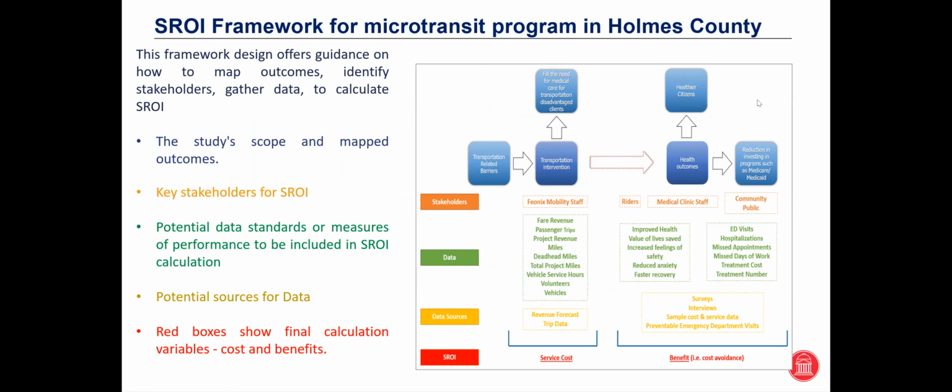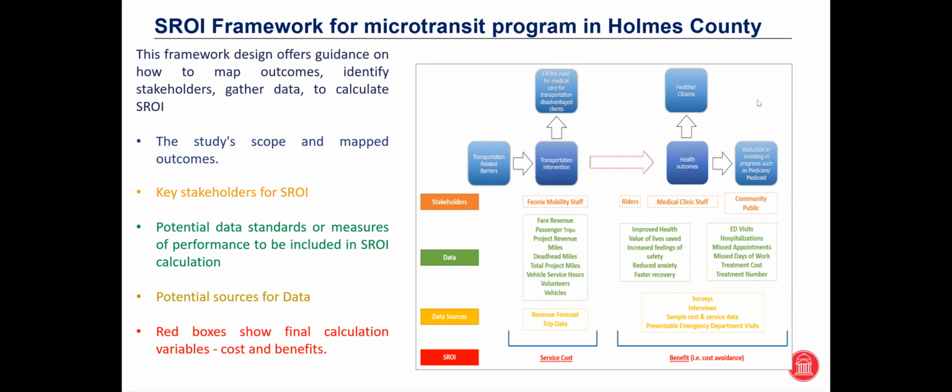In this part, you can see the framework that we designed for healthcare access. As I mentioned, there are different social determinants of health categories, and in this framework, we focus on the healthcare access part. In the blue flowchart, you can see the steps that we follow to identify a scope and map outcomes of the analysis.